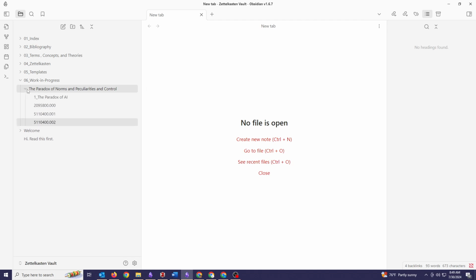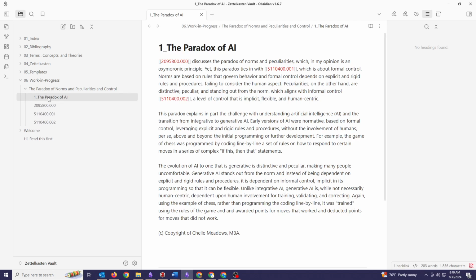The next thing you want to do is create a card that is almost a brain dump of whatever firings are going on inside that mind that got you so excited about this. Now, in my case, it was this paradox of AI, and you'll see that I gave it a title. Again, something to help me remember what I wanted to write about, and I put a 1_ in front of it.